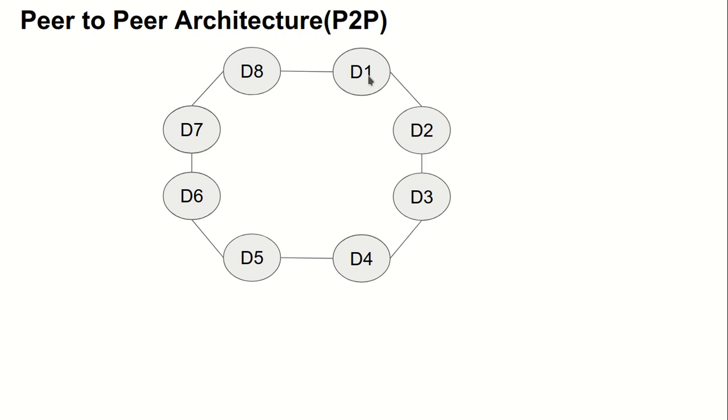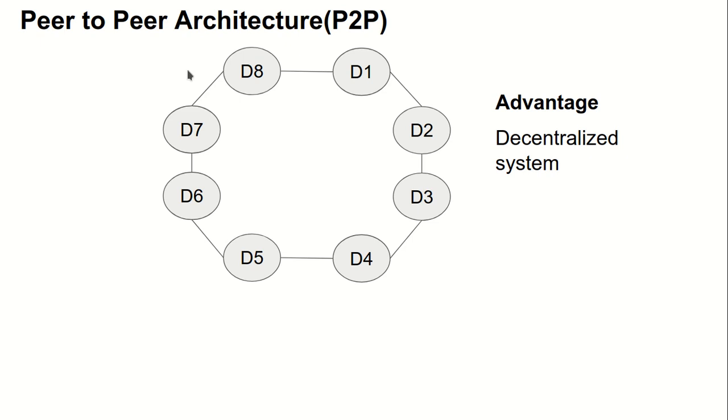In this way one device performs the functionality of both. It is a decentralized system, so it is not dependent on another external server. This is the advantage of the peer-to-peer architecture.